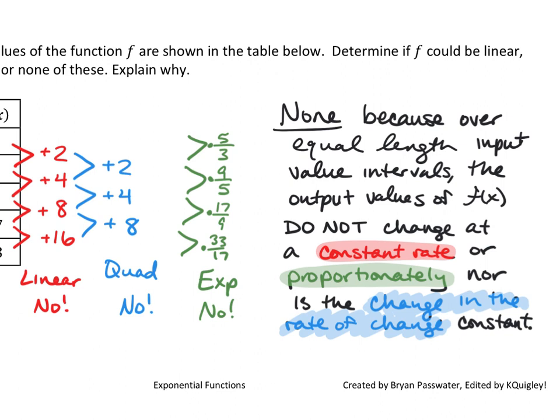So we were unclear with that back in Unit 1, Part 1, which is why we're bringing this vocabulary back. So there's 3 reasons you can give me for your tables. If it changes proportionately, that's exponential. If it changes at a constant rate, that's linear. If the change in the rate of change is constant, that's the second difference, then it's quadratic.